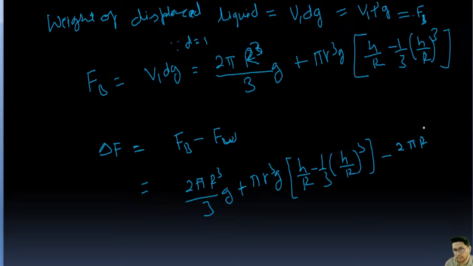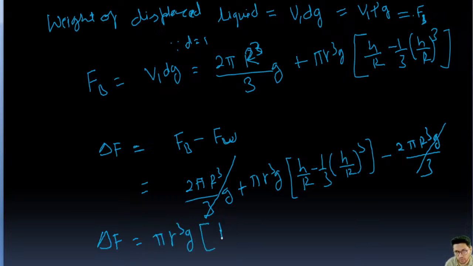Then this will get cancelled, and ΔF is going to be πr³ g times (h/r minus 1/3 (h/r)³). So this is the upward force.